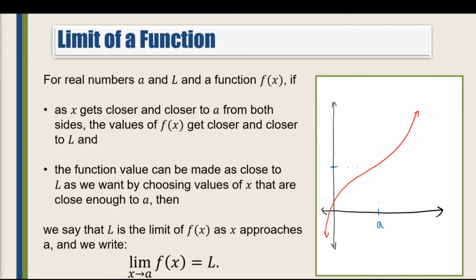Well, if we say the limit as x approaches a of f of x equals L, that means as x gets really close to a from either side, my function value is going to get really, really close to L. And so I can get as close to L as I want to by choosing values of x that get closer and closer to a from either side.